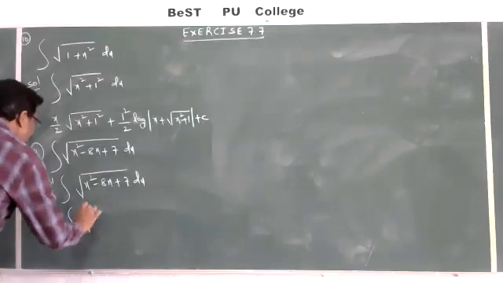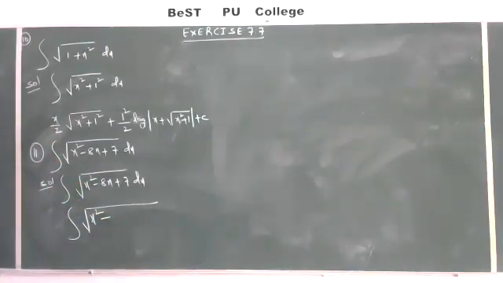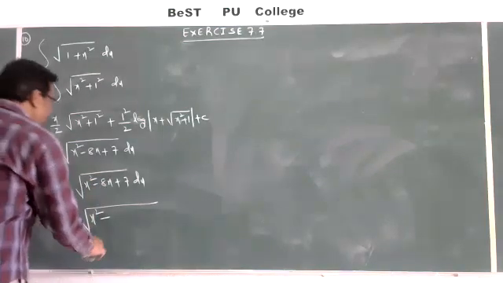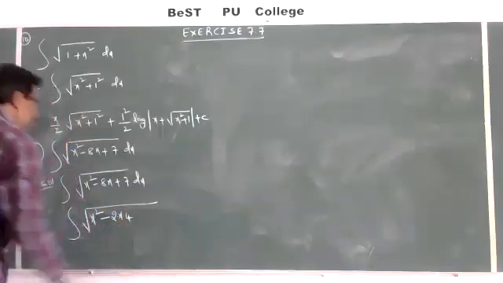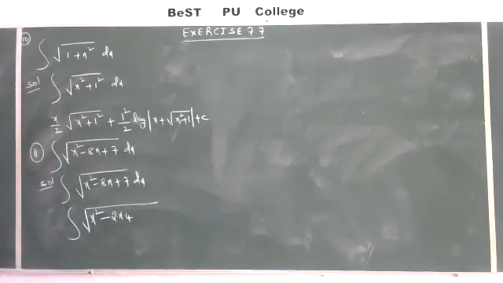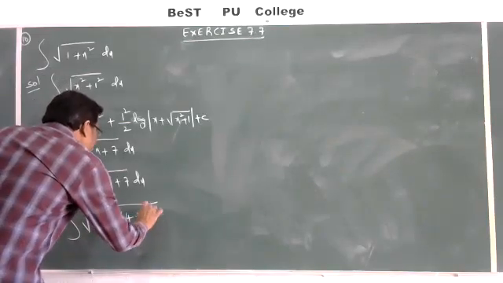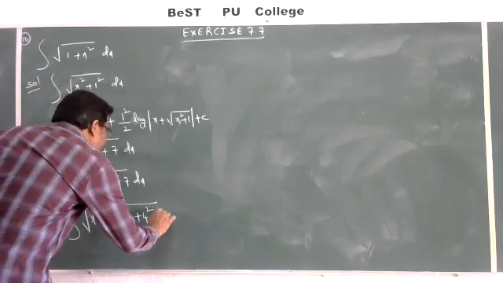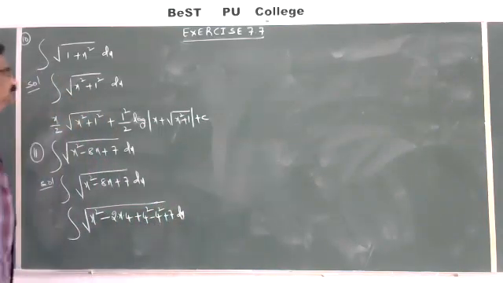That is integral root of x square. It is a square, so you make this the 2ab term. 2 into a is x, b is 4 here. So b square is 4 square, minus 4 square plus 7 dx.